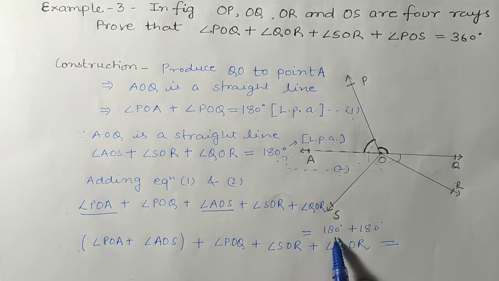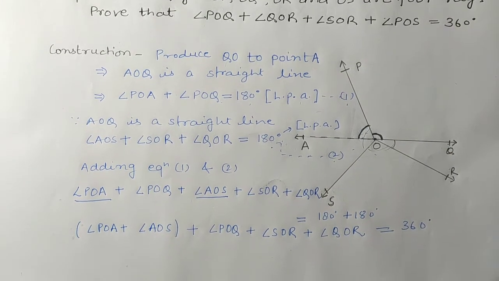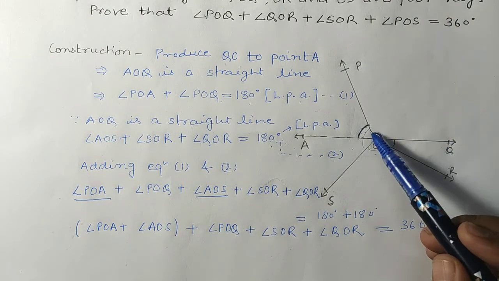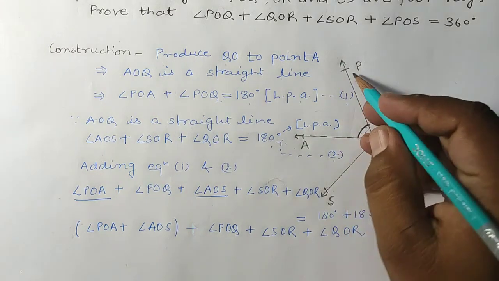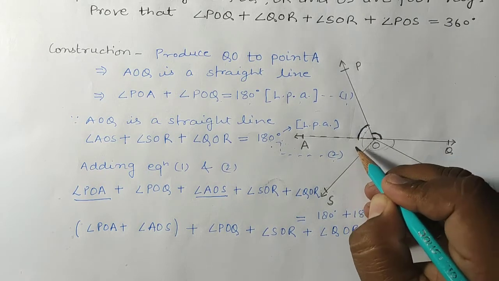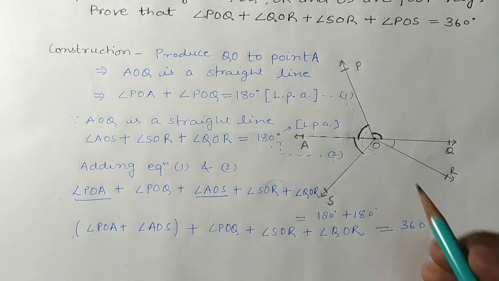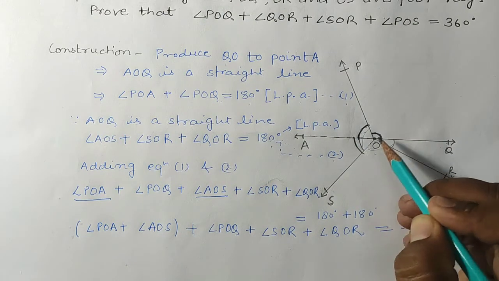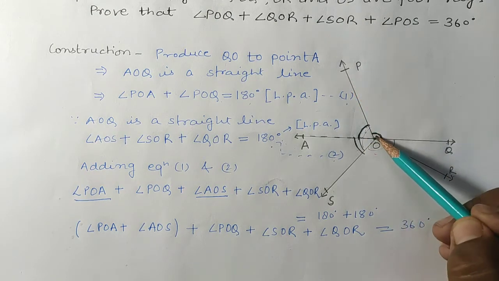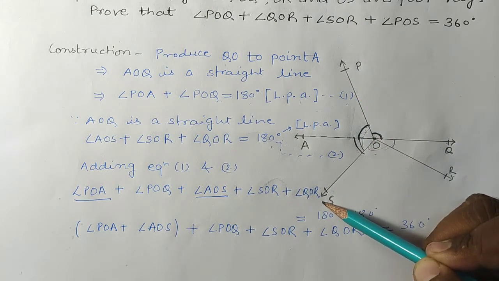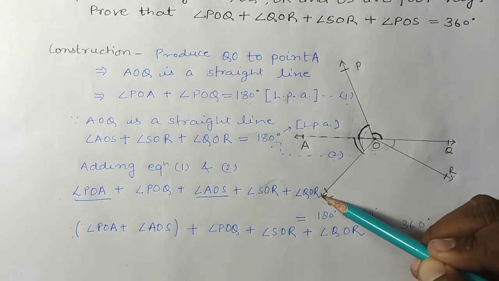And on the right hand side 180 plus 180, that is 360 degrees. Now see, students, if we add these two angles, angle POA and angle AOS, what angle will be there? We can write the sum of these two angles as angle POS.